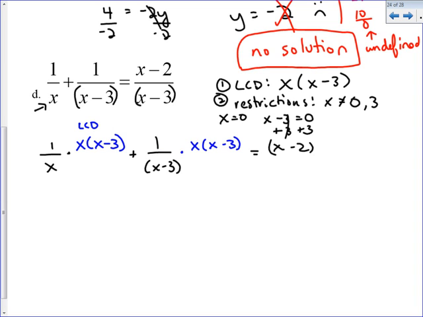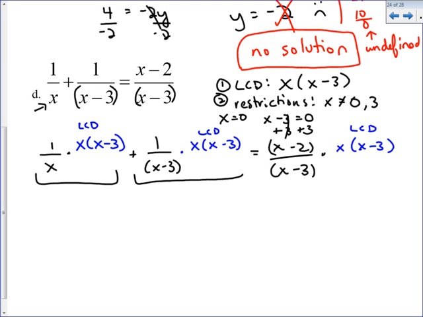So all binomials should go into parentheses. Now we're going to multiply everything by the LCD, and let's see what cancels and what's left over.